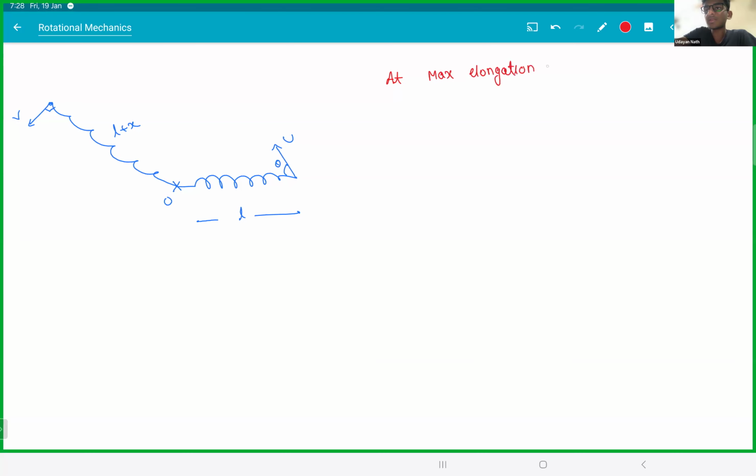Sir, because the length is not increasing anymore, so the velocity component should be perpendicular. Right. If you had a component along the spring, the spring would still continue to stretch, right? So that was not the maximum.